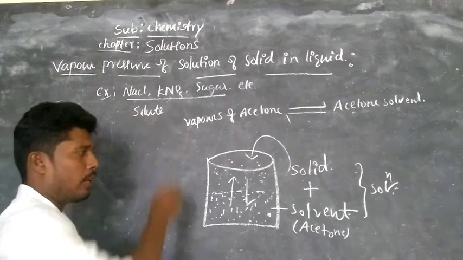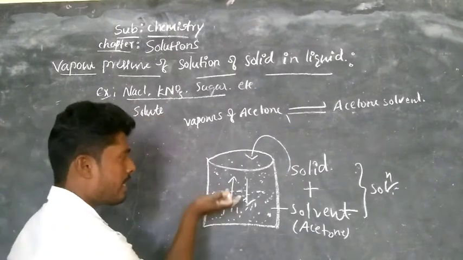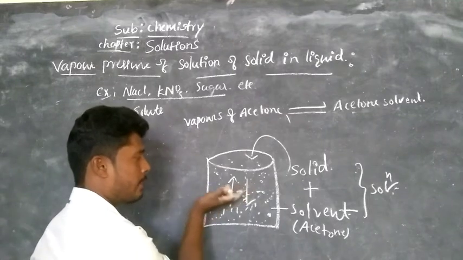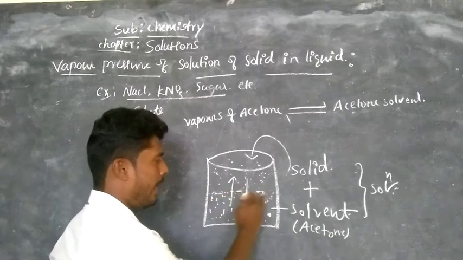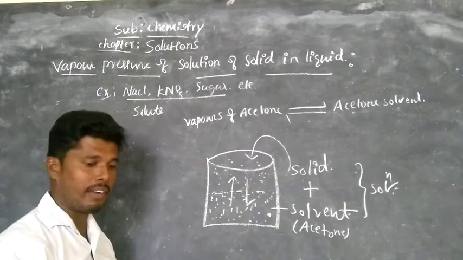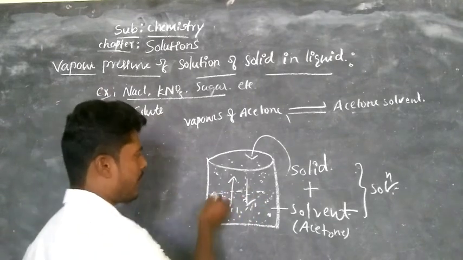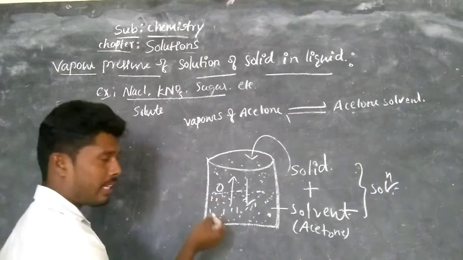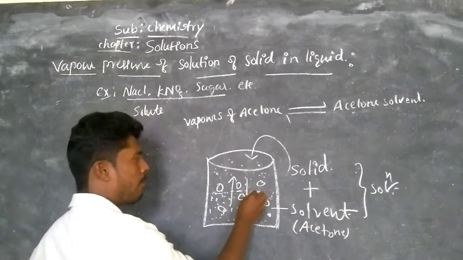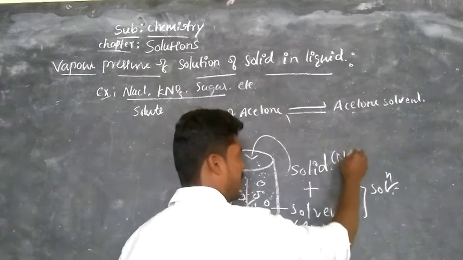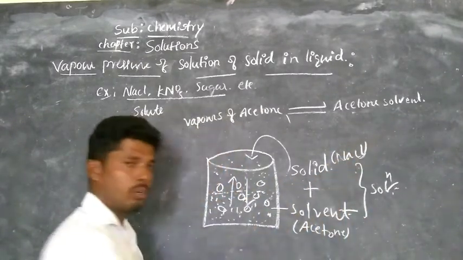particles, some of the solute particles occupy the space, or these occupy the upper layer of the solvent. For example, observe, these are the solute particles. Let's take sodium chloride. The solid sodium chloride is added to the solvent acetone.